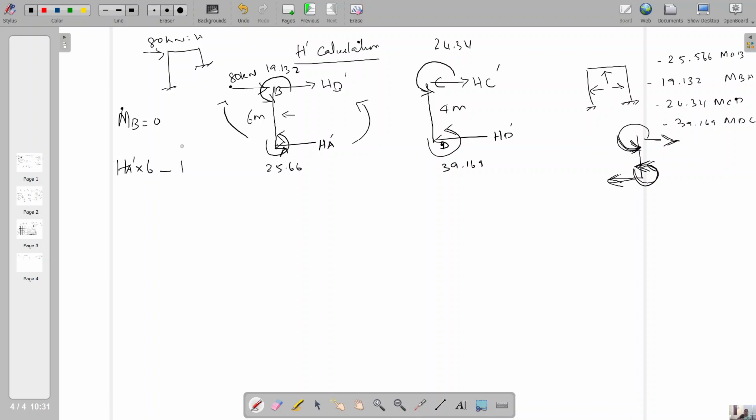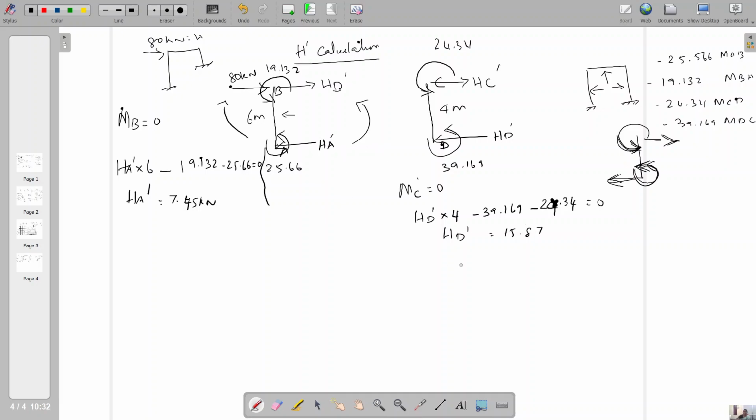So HA dash into 6 minus 19.132 minus 25.66 equal to 0. From this, HA dash equal to 7.45 kilonewton. From this side, moment about C equal to 0: HD dash into 4 minus 39.169 minus 24.34 equal to 0, where HD dash equals 15.87.